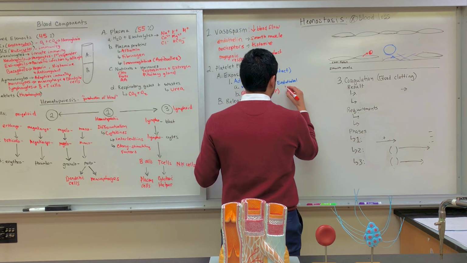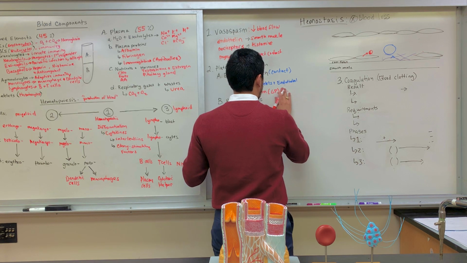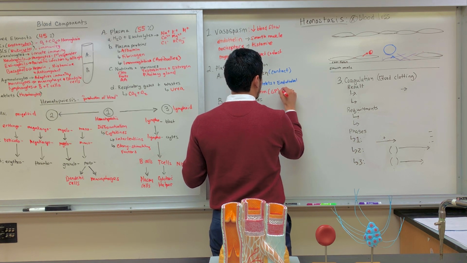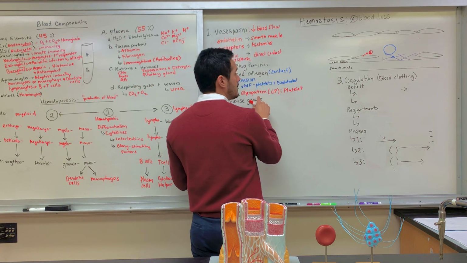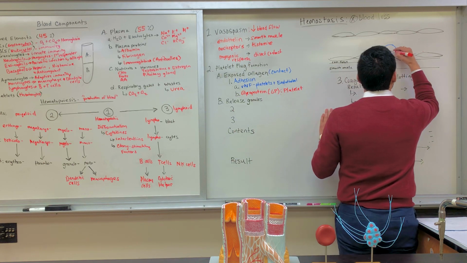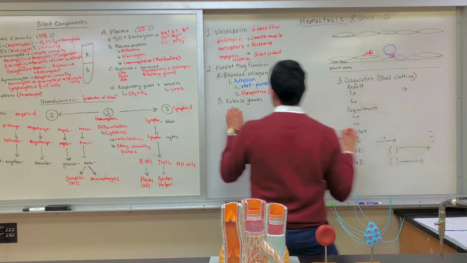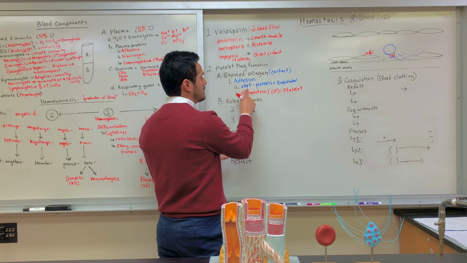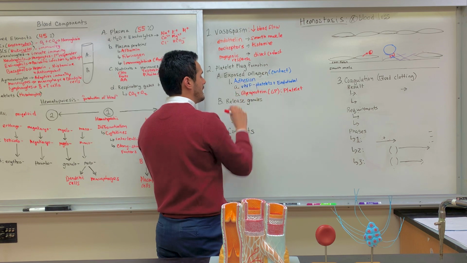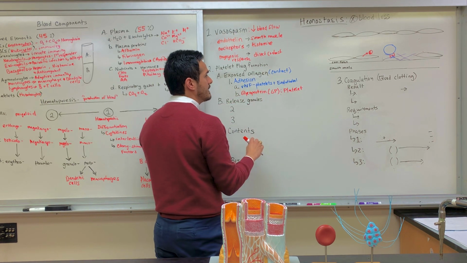This is what's found on the platelet. This glycoprotein that's here will bind to the von Willebrand factor. So once it binds here, adhesion is complete. After this process is complete, we move on to the next stage.